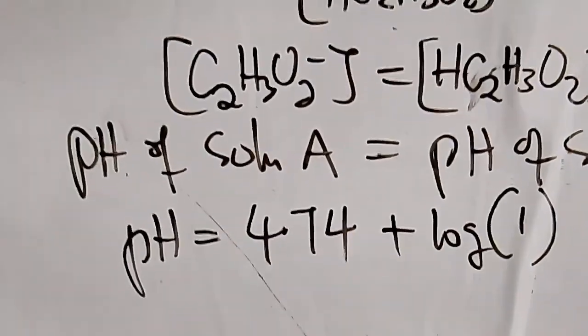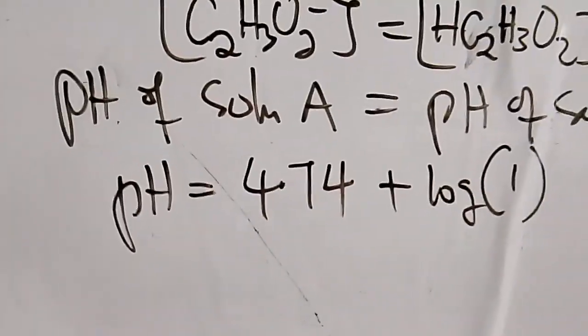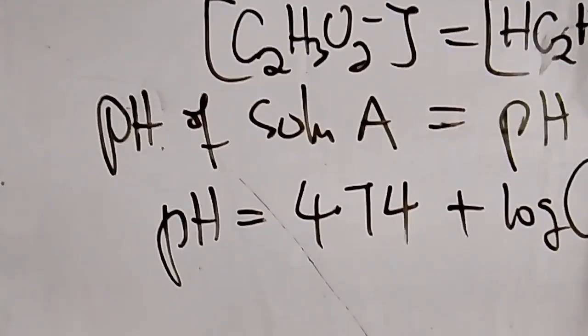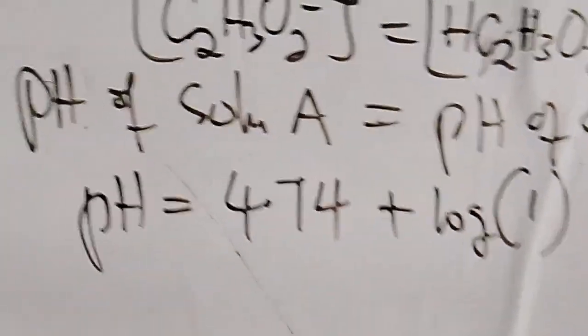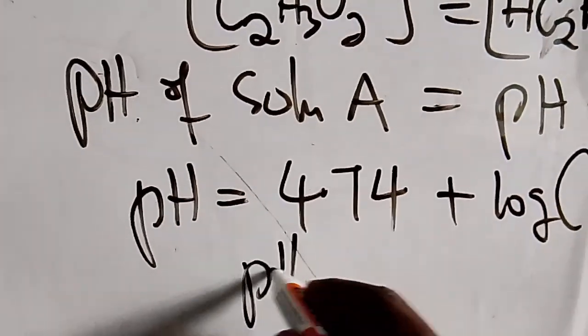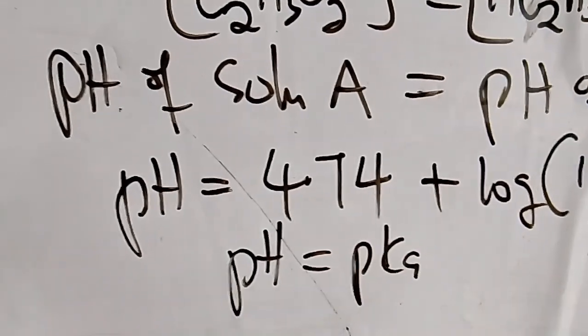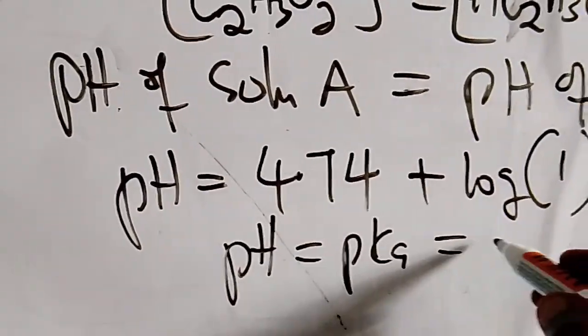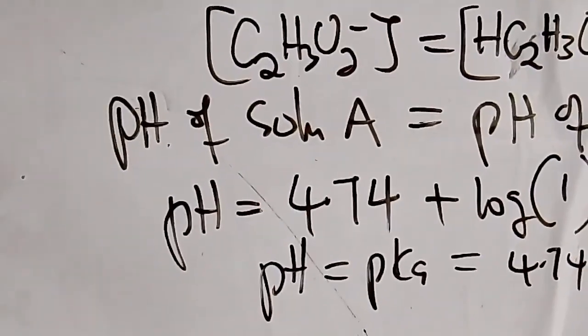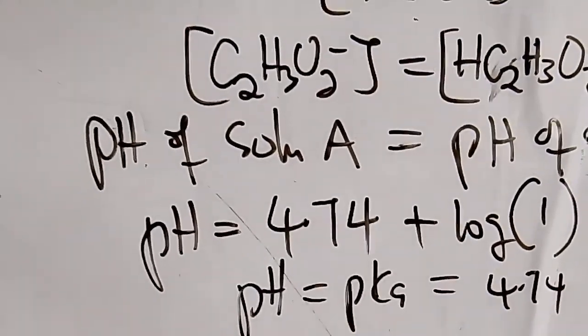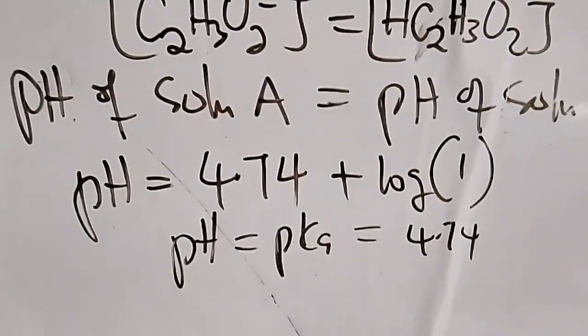So in both cases, since log 1 is 0, the pH is equal to the pKa, which is equal to 4.74 for both solutions A and B.